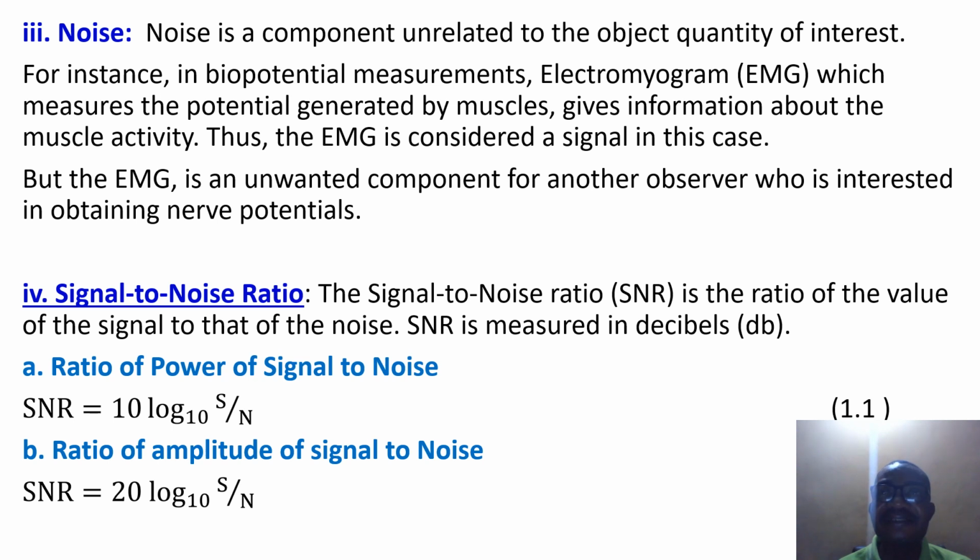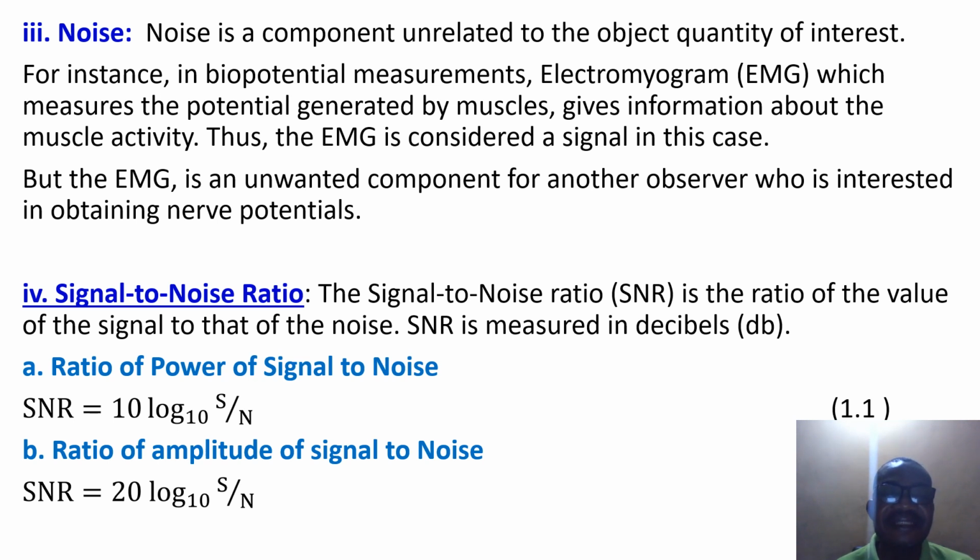For instance, you have signals that you want to measure in a particular person, and there are other signals that are preventing you from being able to get an accurate measurement. Those other signals are referred to as noise or disturbances, that prevent you from being able to detect the accurate value of what you want to measure. So a noise is usually a disturbance.